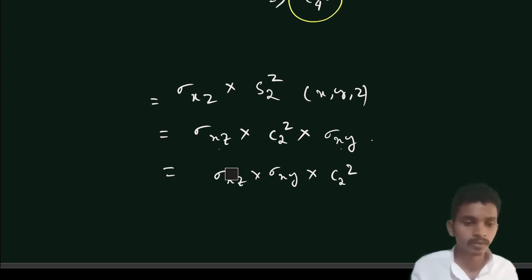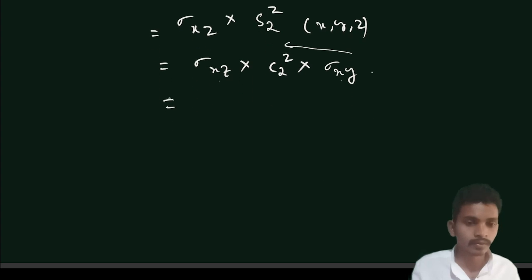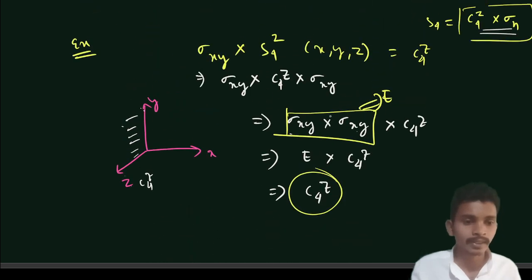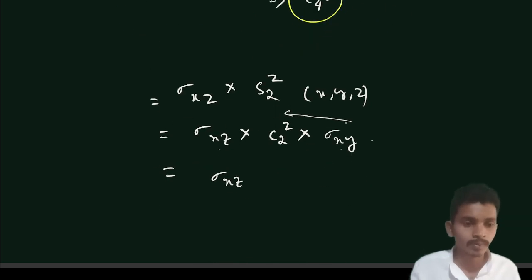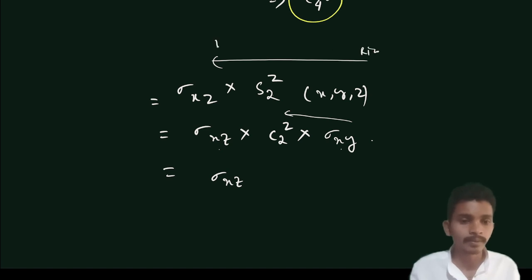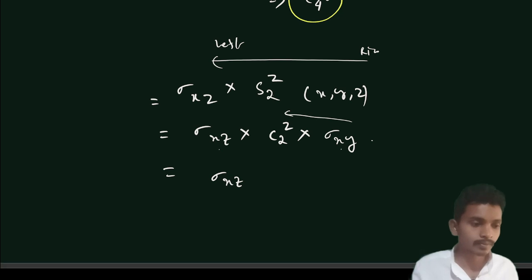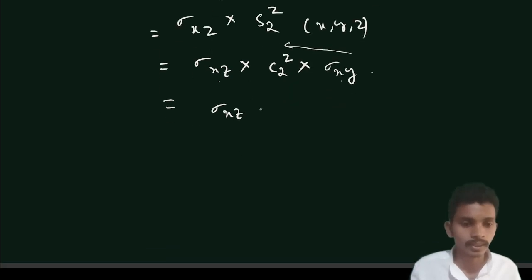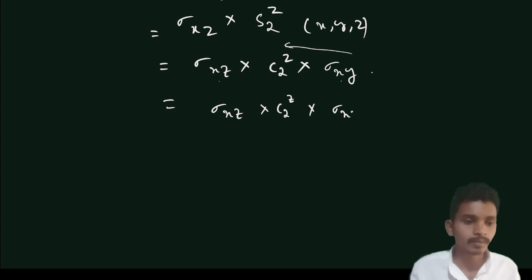Okay, because the rule is you have to follow the direction, right? Sigma xz, in that case, since they are the same, I take them at one place and put E. But now this is different, so I have to proceed in this direction, because operations are done from right to left. Okay, so now sigma xz is there and C2z is there into sigma xy is there here, x, y and z.